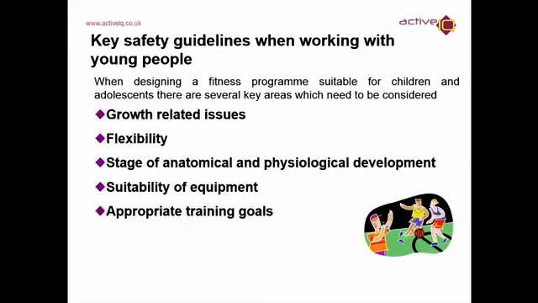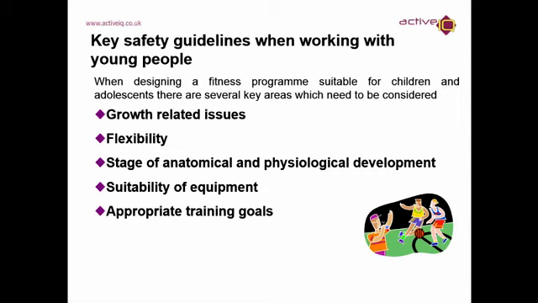Final group that we want to look at today is young people. When we design a fitness program for young people, there's a range of things that we need to consider. We need to look at growth-related issues. So that's things like if someone is getting older, getting stronger, and there's a lot of growth going on, the bones are starting to get longer, what do we need to think about there?